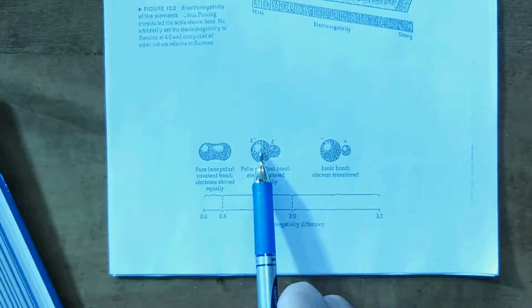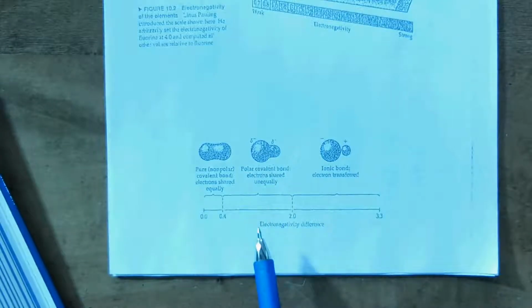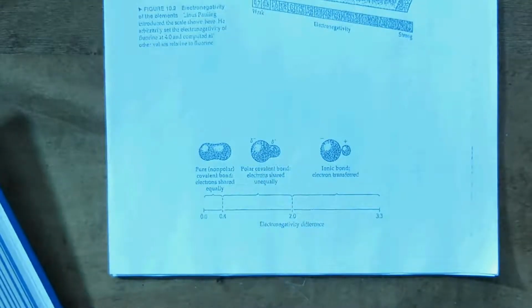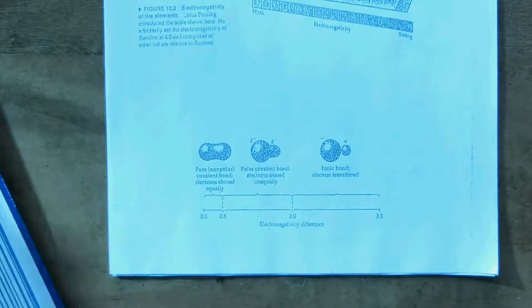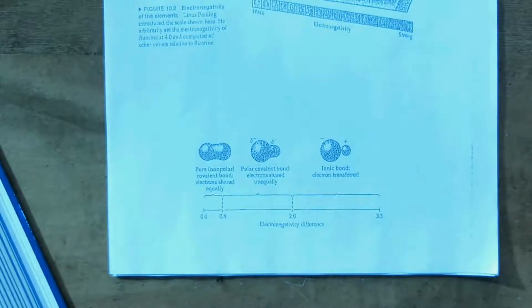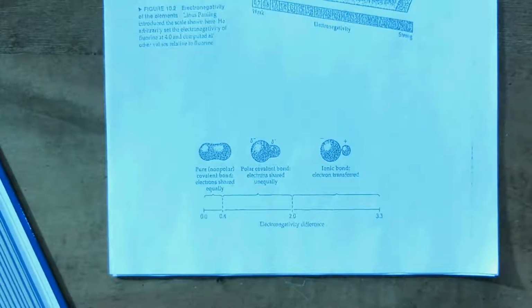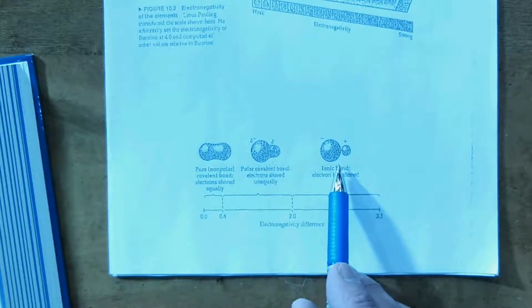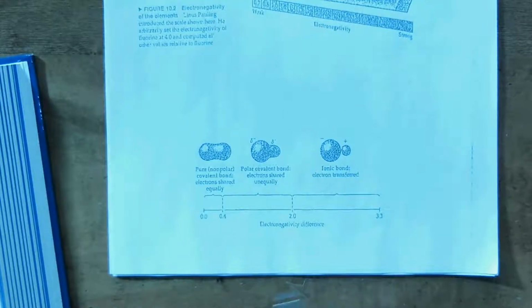If you have a bond where the electronegativities between this element and this element, the difference is, in this area, 1.5 or so, it's getting to be a kind of a polar bond. And if the electronegativity ends up being more than 3.5, then the bond essentially breaks and you have an ionic bond. So you'll find a picture like that in the textbook, and there it is.